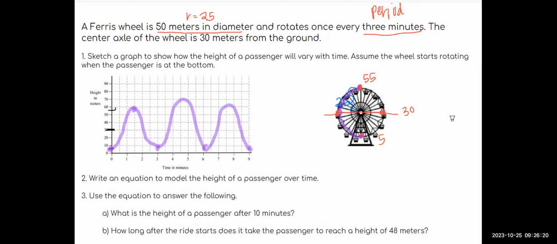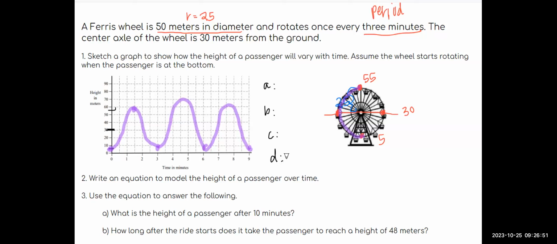Okay, let's come up with the equation. What is the midline and what is the amplitude? Also, which type of equation would you write for this one? The midline is 30.